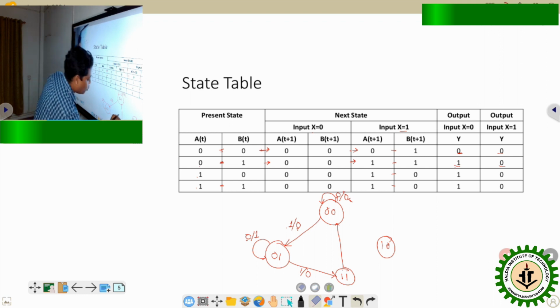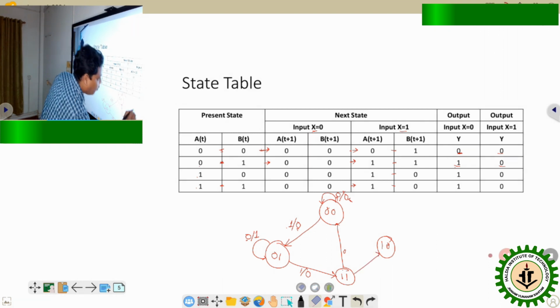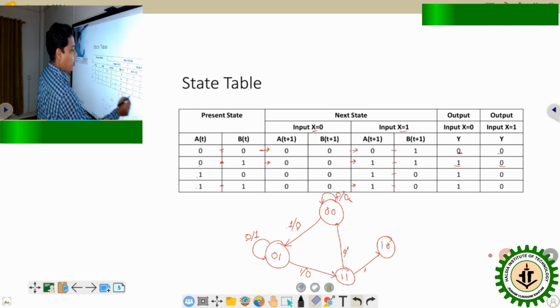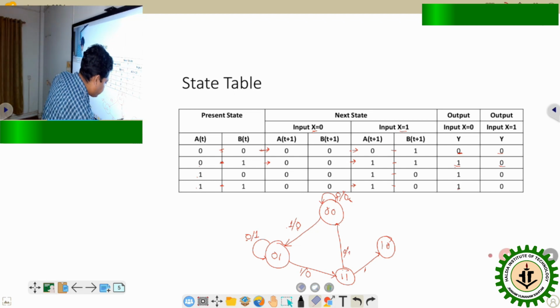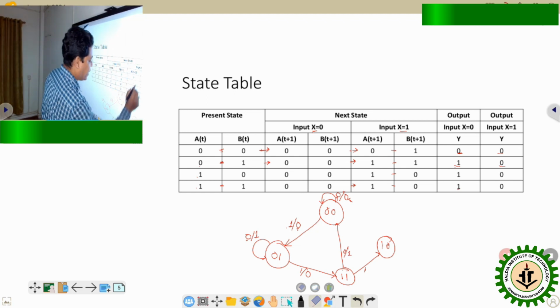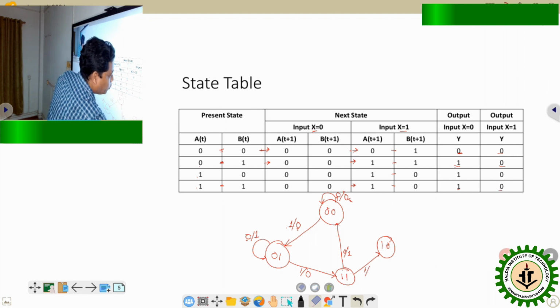State will change to 0 0 when the input is given as 0. And you can also observe that in case of x equals 1, the state changes from 1 1 to 1 0. In the previous state, when x input equals 0, output was 1, and similarly in case of x input equals 1, output equals 0.